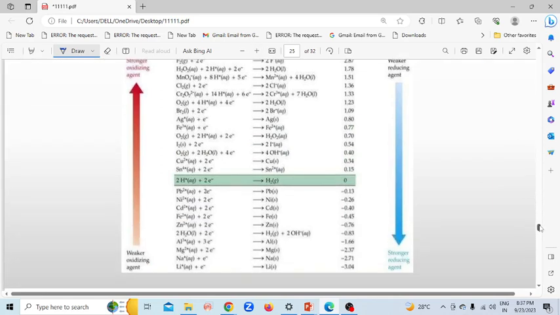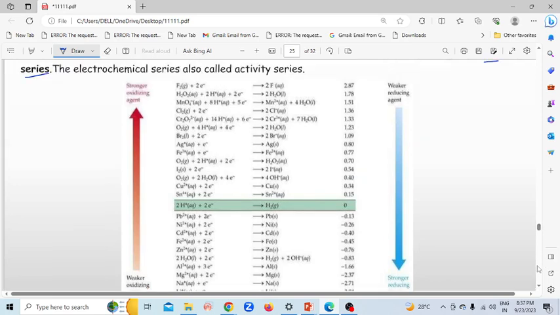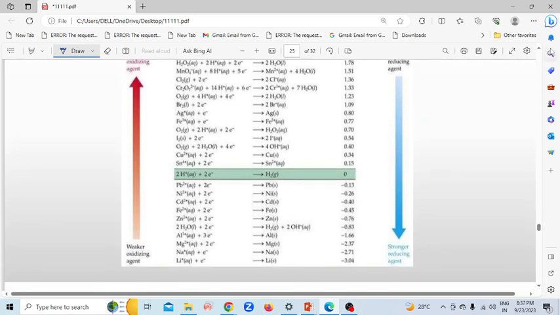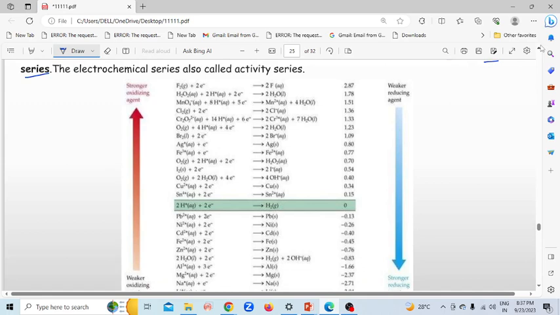In this series, 2 H+ gaining 2 electrons and converting to hydrogen, the potential of this reaction is taken as 0.